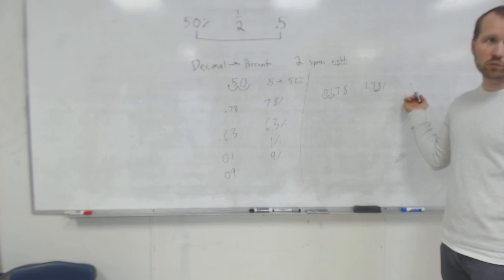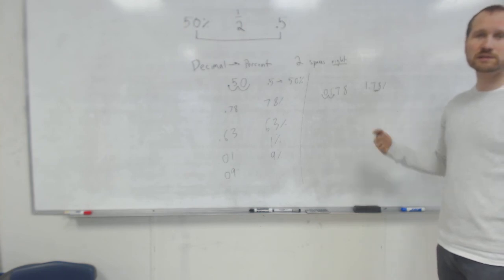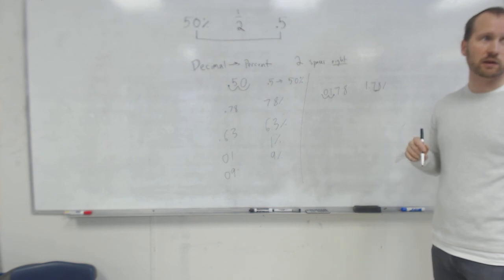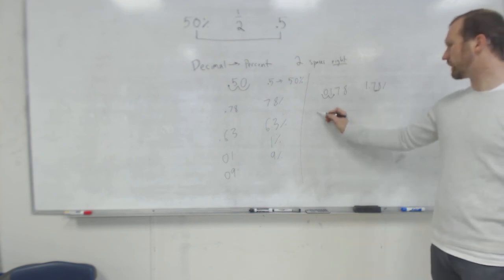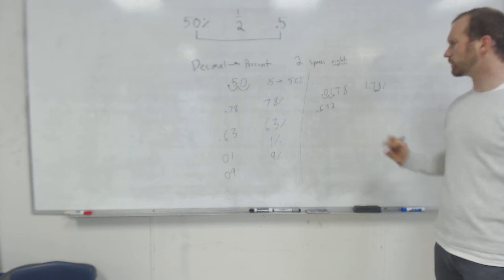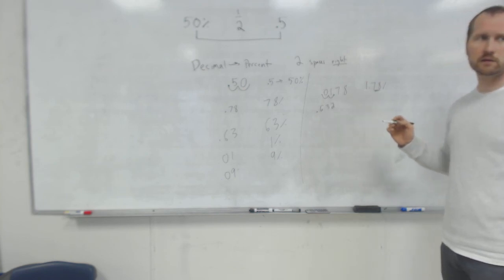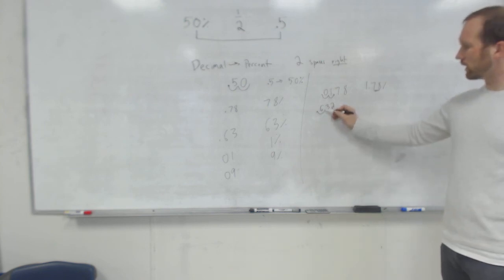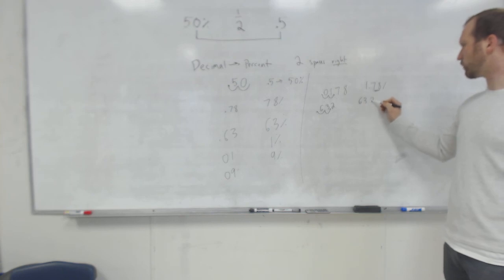In fact, most taxes use a percentage with a decimal included. What if I had something like 0.632 and I wanted to write that as a percent? 63.2%. Yeah, so I'm moving it 1, 2 spaces, and that becomes 63.2%.